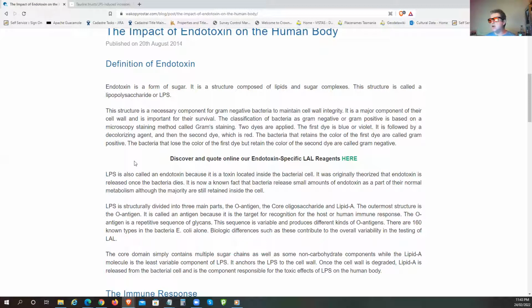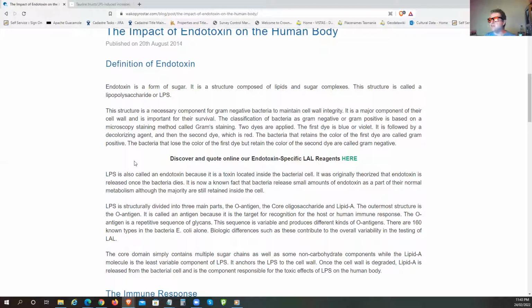LPS is structurally divided into three parts: O antigen, a core oligosaccharide, and lipid A. The outermost structure is the O antigen. It is also called an antigen because it is the target for recognition by the host or human immune response.